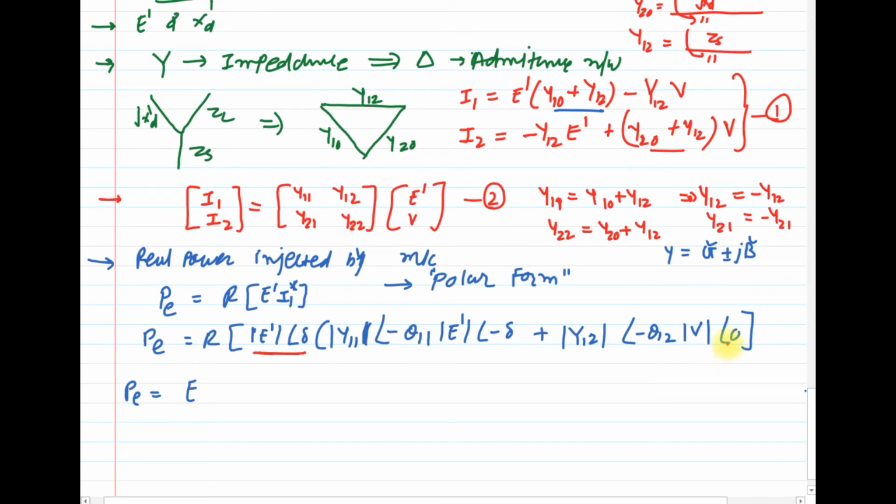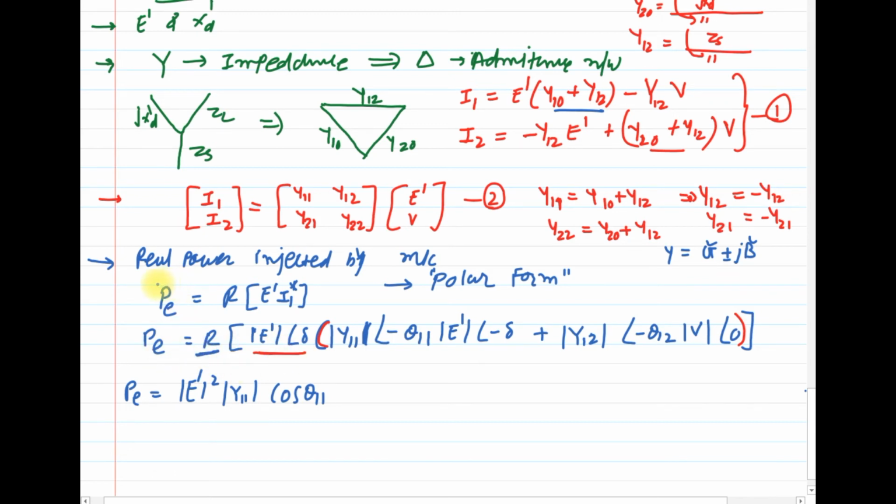So we will get E dash square y11 into cos theta 11. Why have we considered cos theta? Just because of this real portion.